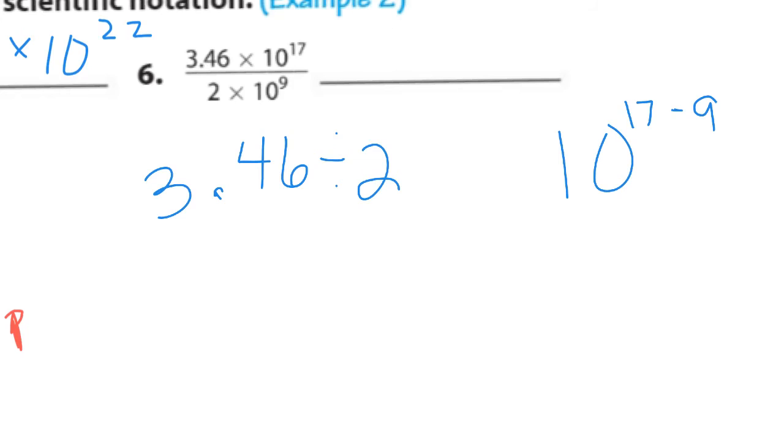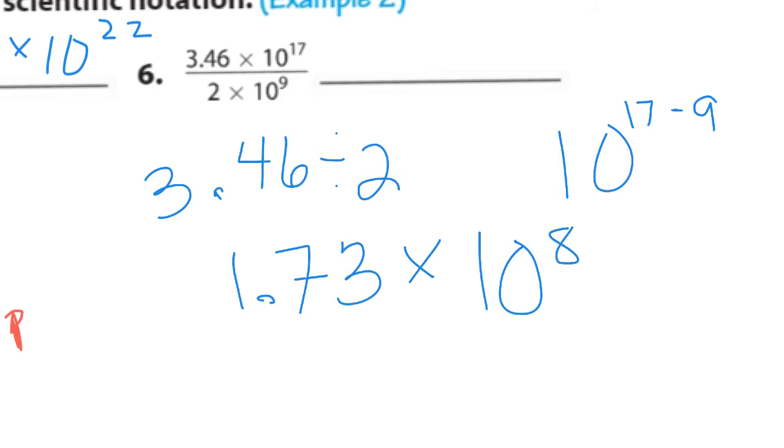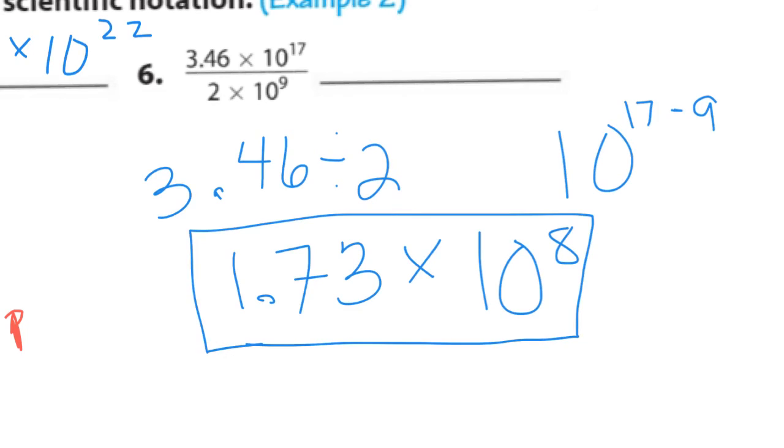So 3 and 4600ths divided by 2 gives me 1 and 7300ths. And that'll be times 10 to the 8th power. And this will be your answer. One piece at a time.